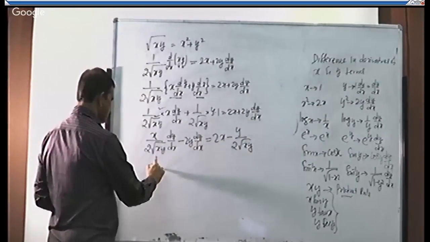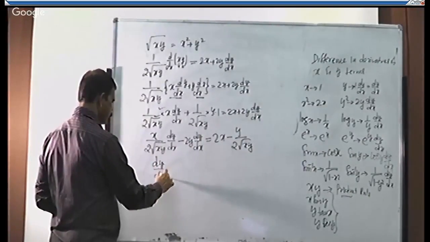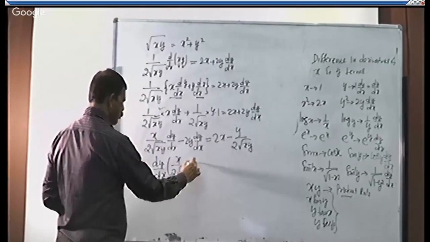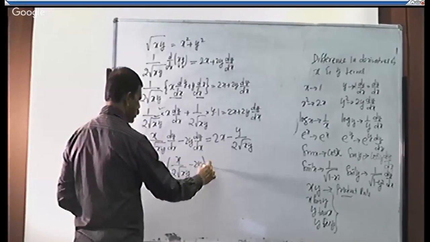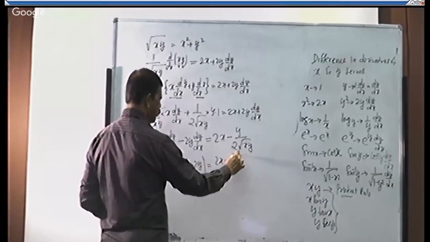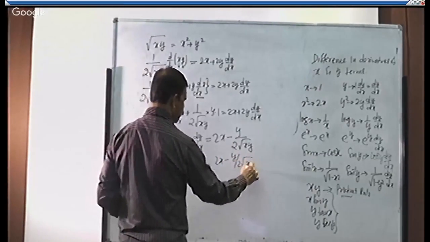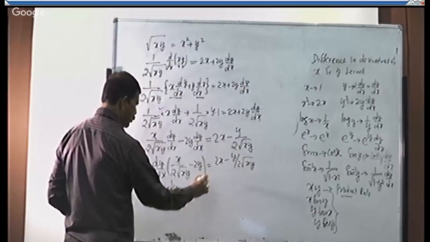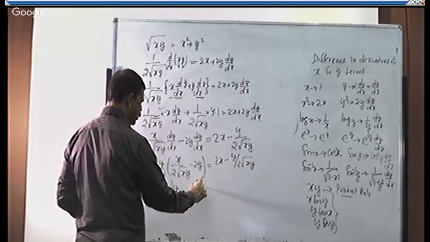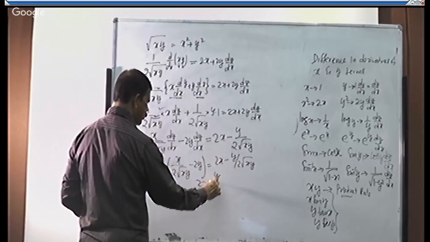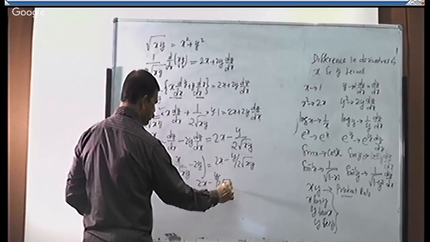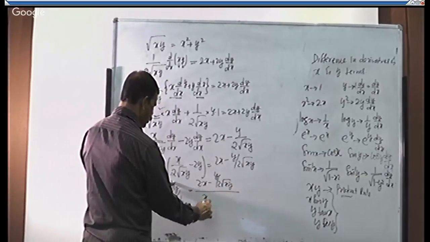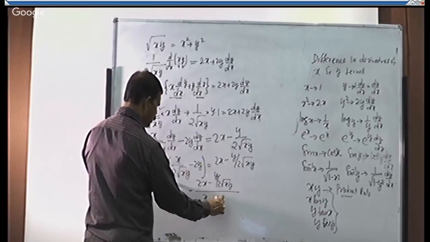Now take dy by dx common, x divided by 2 root of xy minus 2y is equal to 2x minus y divided by 2 root of xy, or dy by dx is equal to, first write the right hand side term, 2x minus y divided by 2 root of xy whole divided by this x by 2 root of xy minus 2y.